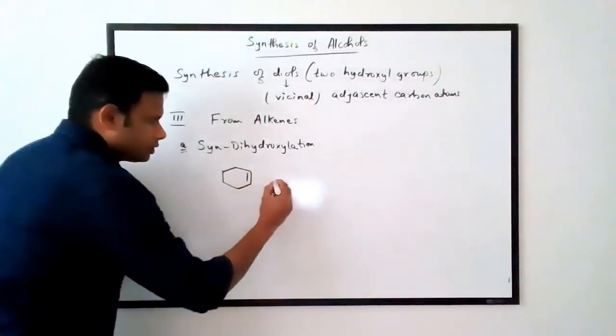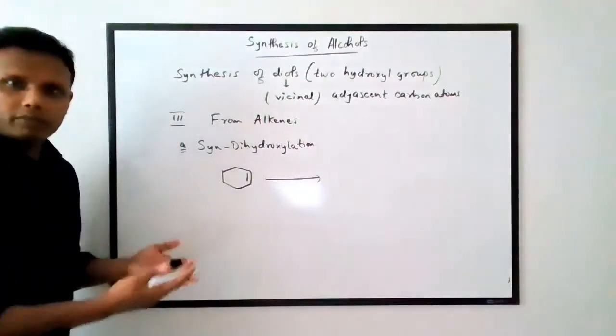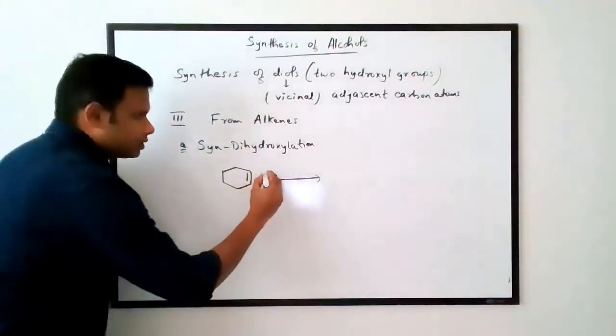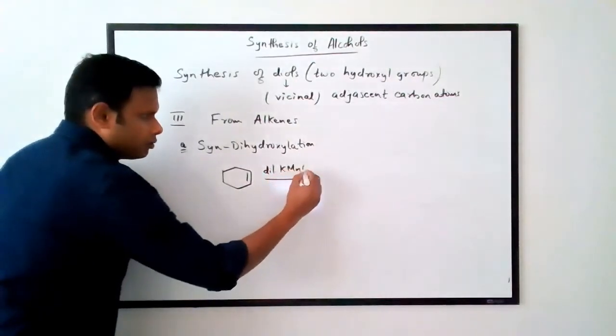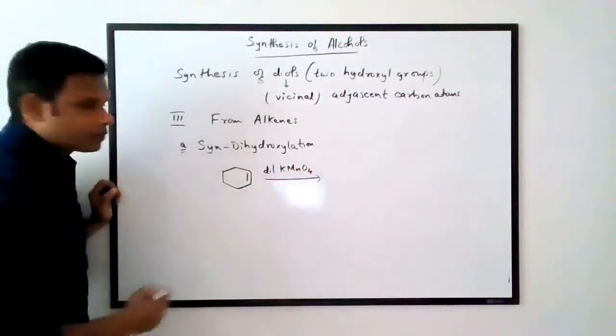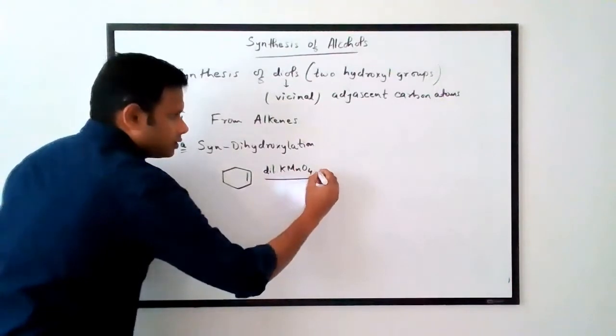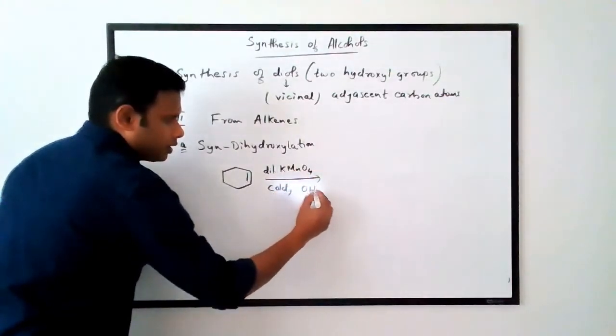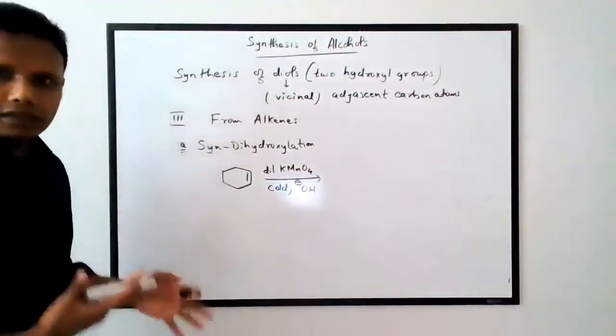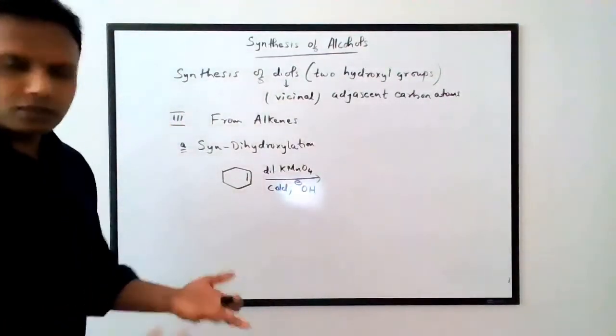Okay, that can be used here. I'm going to use one of the more commonly used reagents, which is dilute potassium permanganate. This is cold and it's under basic conditions. So there's some base in there, like sodium hydroxide.